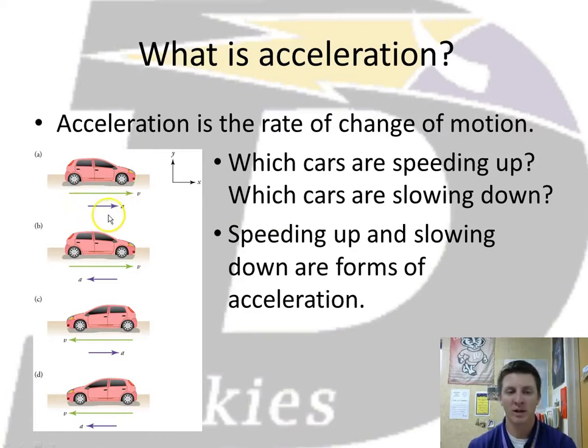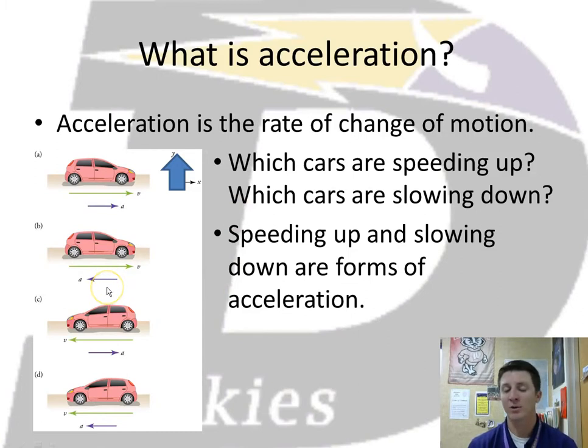Obviously, the arrow length indicates that they're not the same value, but we're not concerned about the quantitative value right now. We are concerned about whether it's speeding up or slowing down. If velocity and acceleration are going in the same direction, the speed is increasing. So this object, letter A, would be speeding up.